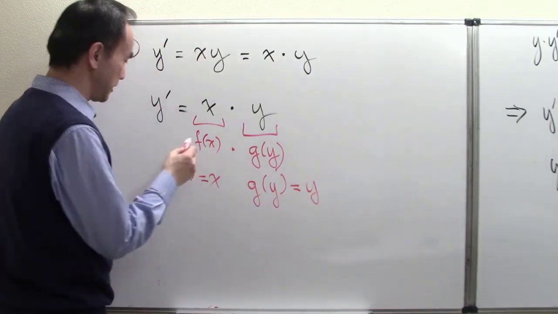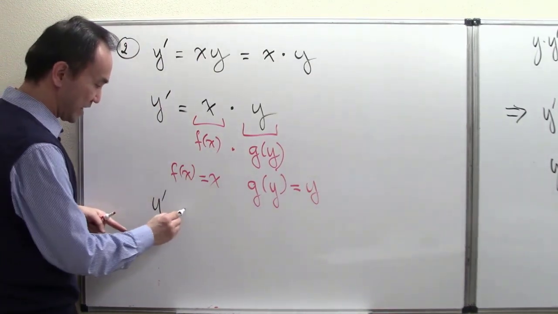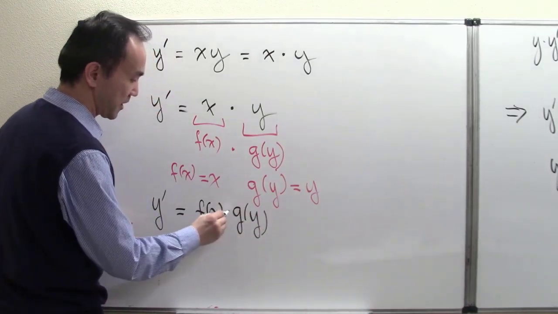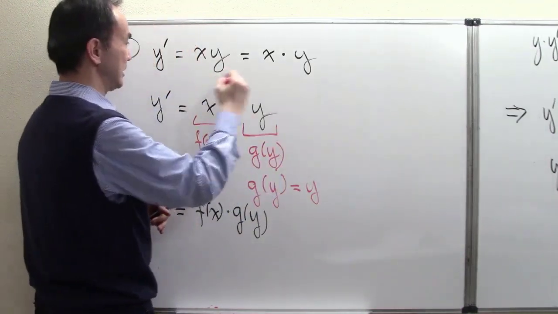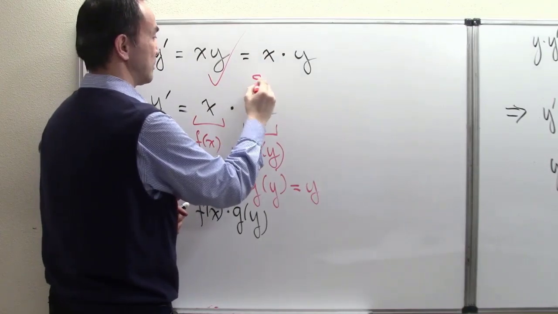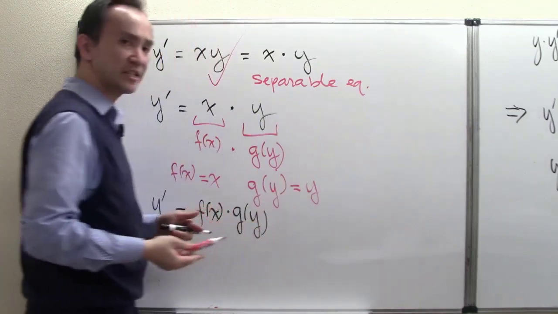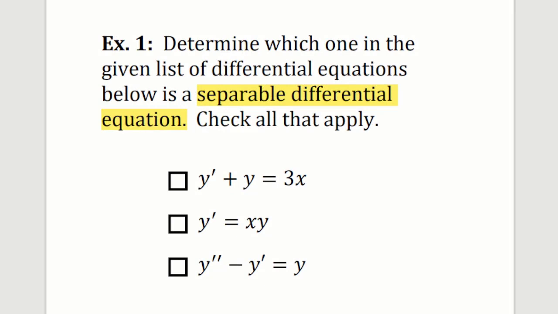And so clearly this equation does express y prime as a product of some function of x and some other function of y. This now shows clearly and helps us decide that this equation is a separable equation. Precisely, it's a separable differential equation. And so this equation is considered a separable equation.